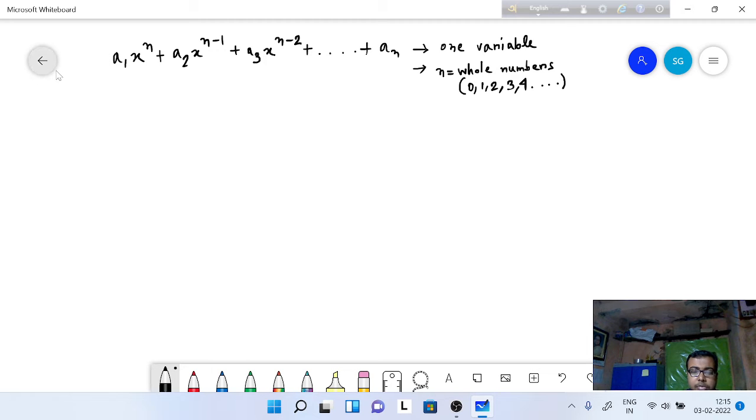Let's take an example. 3x square minus 5x plus 2. See, there are powers 2, 1 and 0, and it is a one variable function.